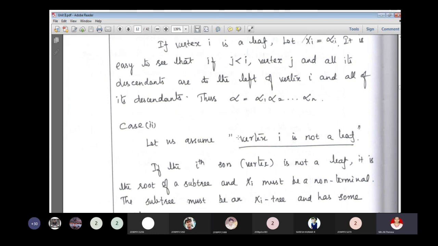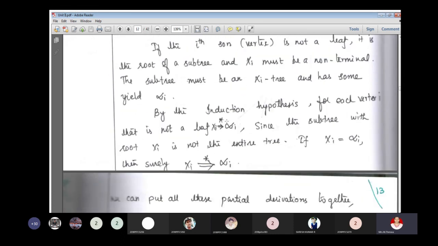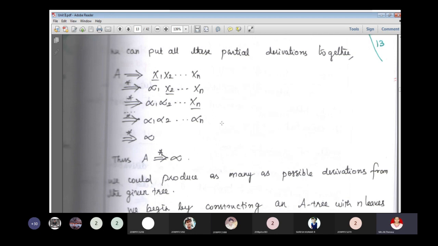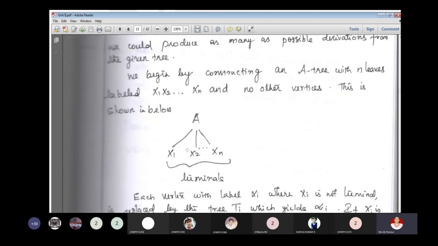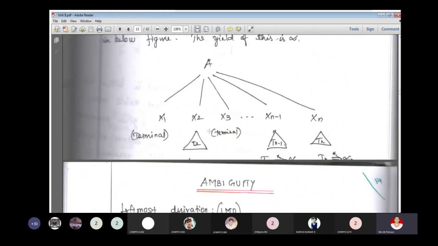And if it is not a leaf, what can you do? You replace it with some non-terminal, and that non-terminal may again have a production, so that you can substitute that production as its children, isn't it? Anyway, this A can yield some alpha. So here A has x1, x2, where x1 is a terminal, and you can expand further.